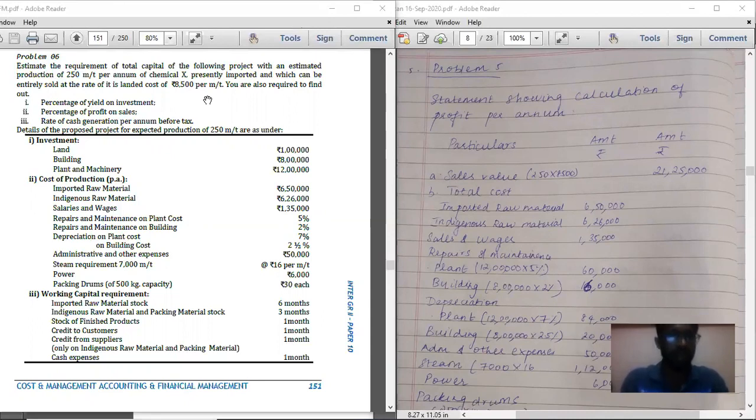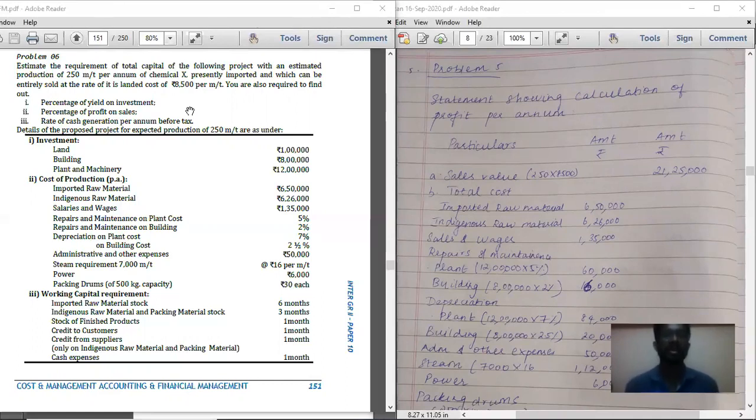So you are also required to find out percentage of yield on investment, percentage of profit on sales, and rate of cash generation per annum before tax. So not only should you find working capital requirement, you should also find these three things. What are the different formulas?